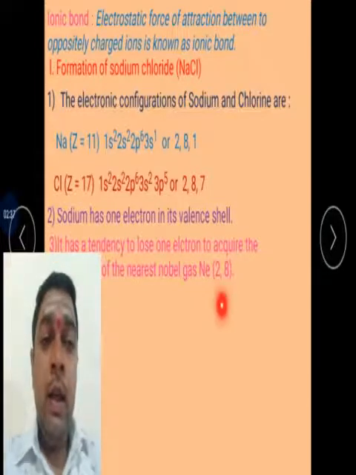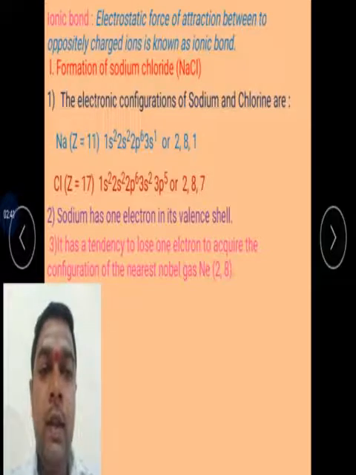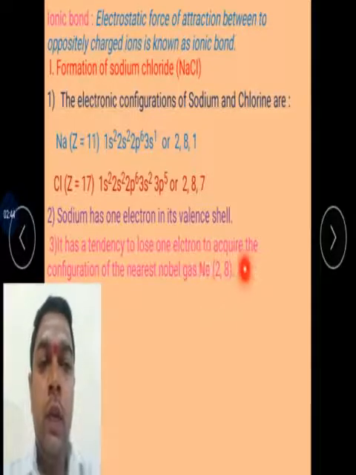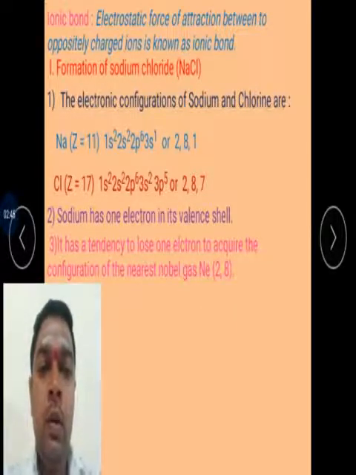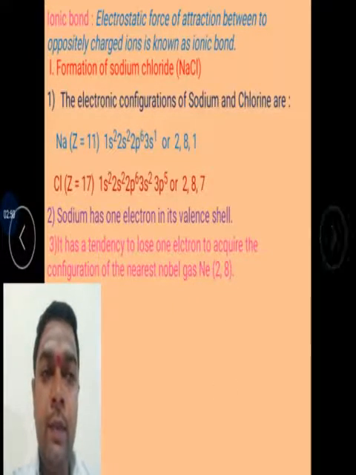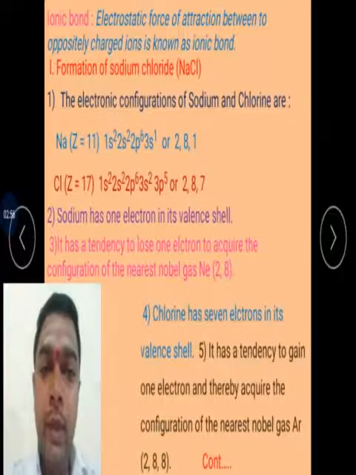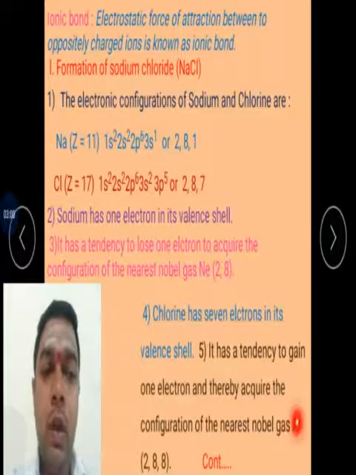Hence, the sodium atom has a tendency to lose one electron and form the nearest inert gas configuration of neon. Chlorine also attracts one electron from the sodium atom and attains the nearest inert gas configuration of argon.